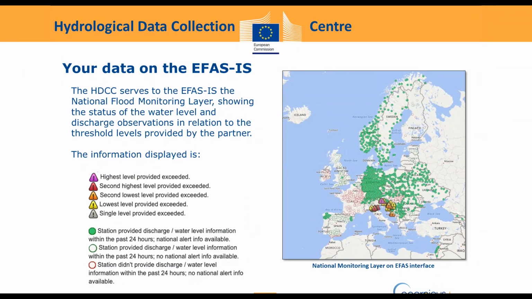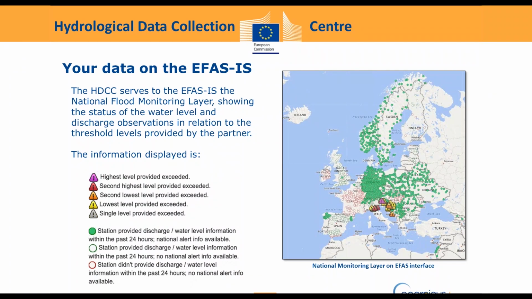The layer you can appreciate in this map is the National Flood Monitoring Layer, showing the status of the water level and discharge observation in relation to the threshold levels provided by the partner. The information you can see in this map is all the set of stations we have into the system.